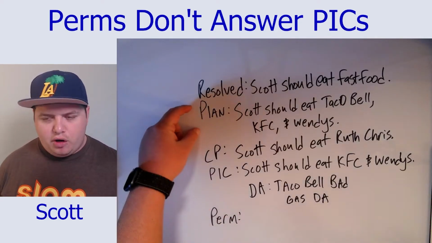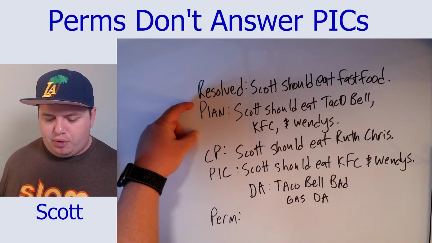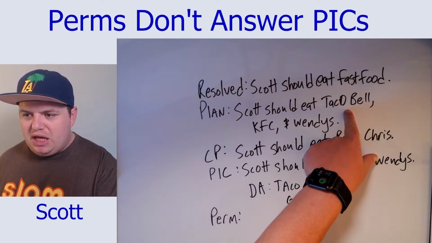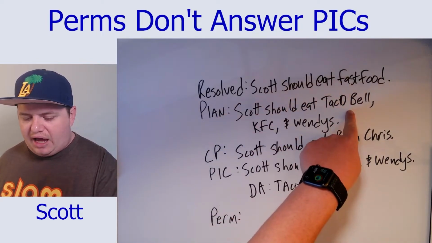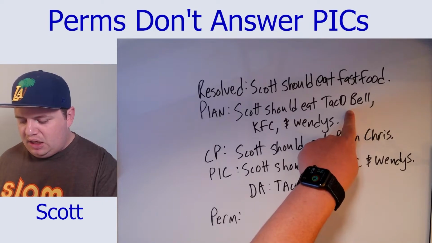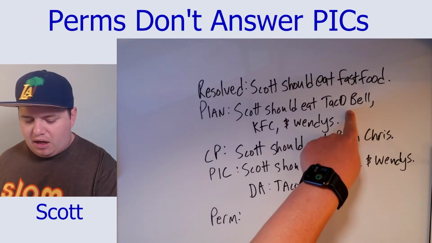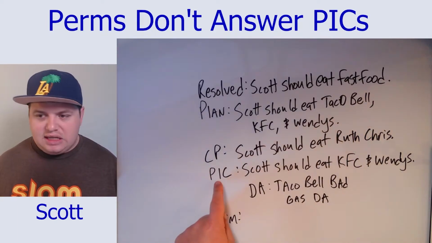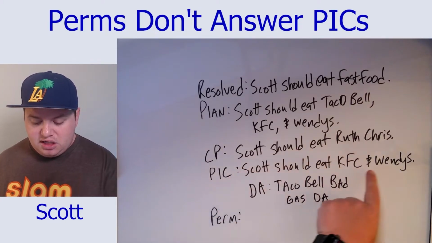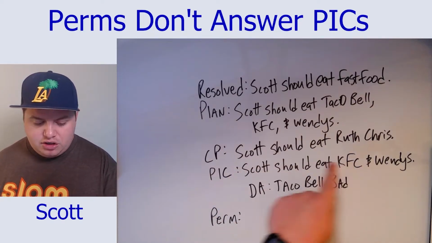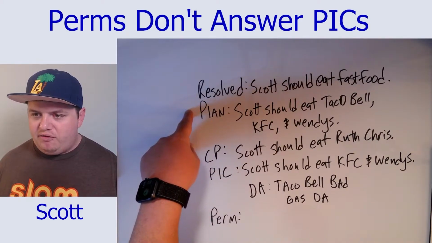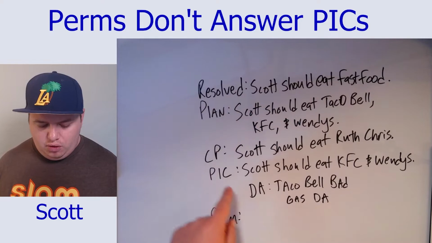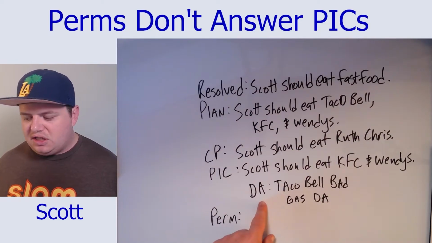However, a permutation in this example would always have me eat Taco Bell because the affirmative has to defend me eating Taco Bell in the debate. The counterplan, that is the pick, doesn't have me eat Taco Bell. So if a permutation includes the affirmative and all of the affirmative, it would always link to this disadvantage.